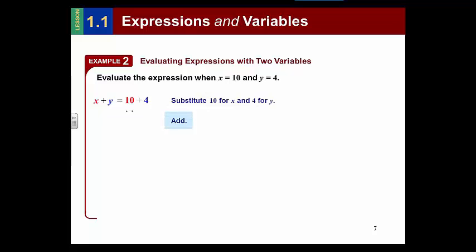Then we add. 10 plus 4 equals 14. In this next expression, we have x times y. Again, we substitute x equals 10 and y is 4. Then we multiply. 10 times 4 gives us our solution of 40.